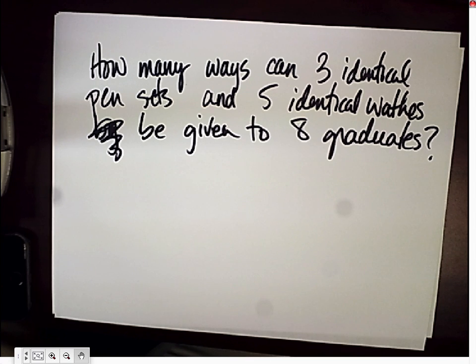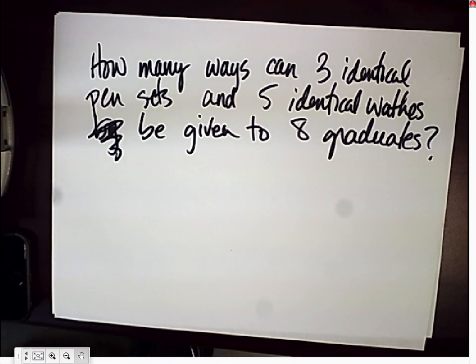Well, if you've got 8 people there, what you're really asking is, how many groups of 3 could I give the pens to? Because if you figure that out, how many different people could get pens, you know the other 5 get watches. So you don't have to count that. All you're saying is, how many different ways can I give out 3 pens?